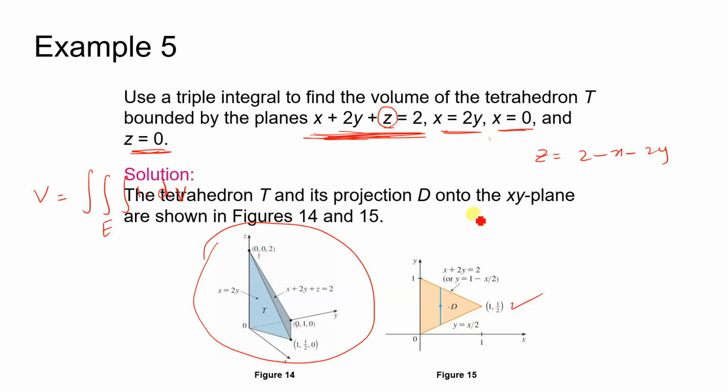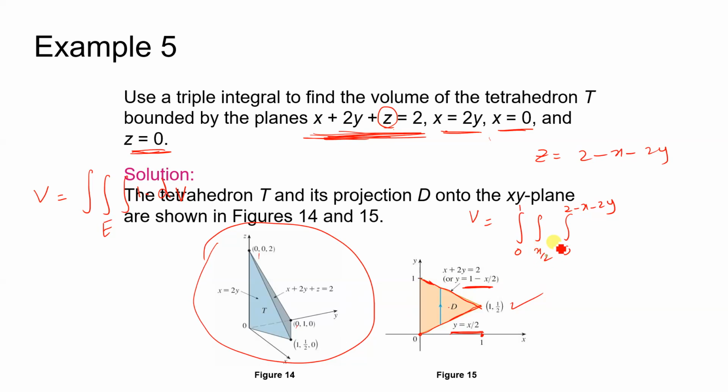So this volume integral becomes, let me write all the limits. Z is bounded below by 0, z is bounded above by 2 minus x minus 2y, and this is the region, and you can see the minimum value of x is 0, the maximum value of x is 1 in this region. So limits for x are 0 to 1, and then y is bounded below by this line, along which y is equal to x by 2, and y is bounded above by this line, along which y is equal to 1 minus x over 2.